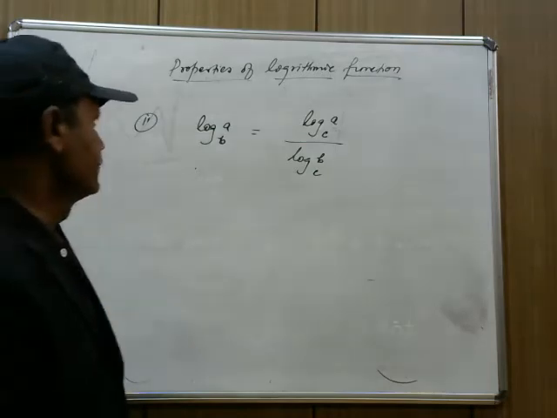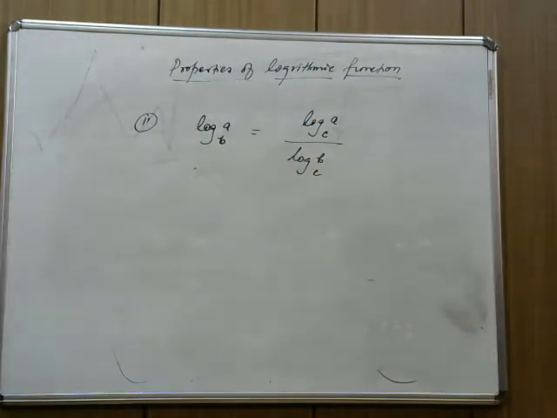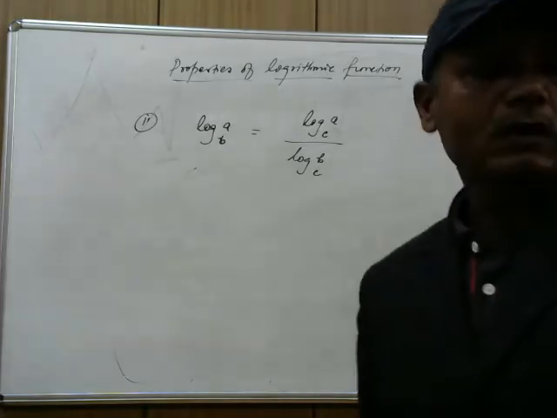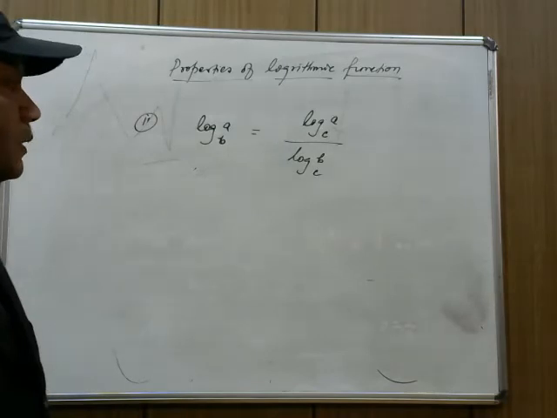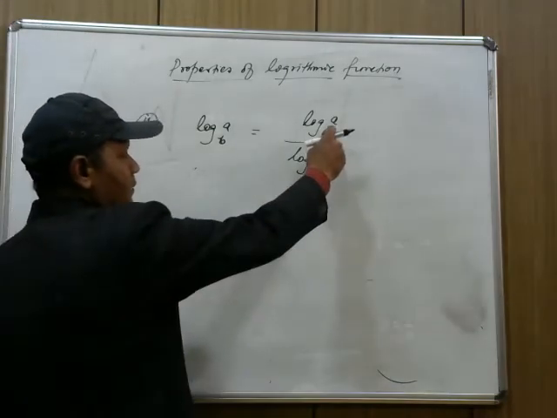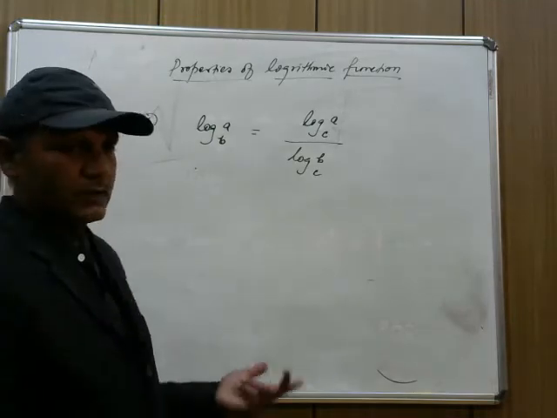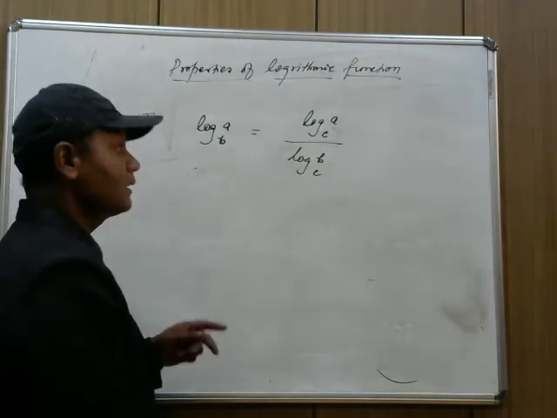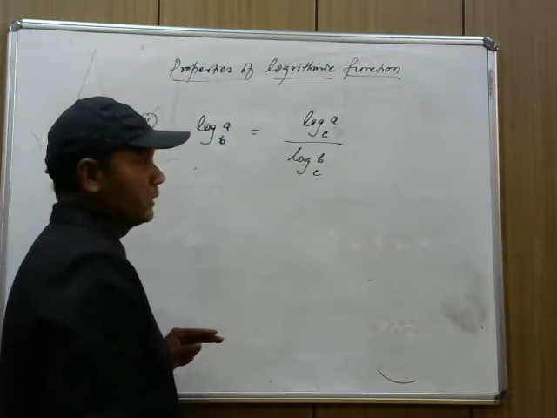See what I have written. Log of a to the base b is equal to log of a to the base c upon log of b to the base c. This c is of my choice. I can take any number over here, but this c and this c should be the same. This cannot be changed. That you will remember.